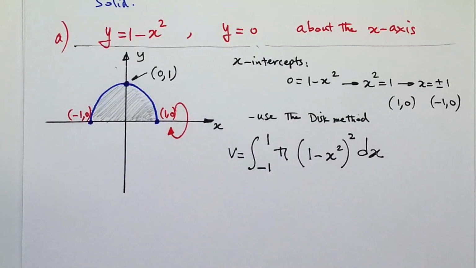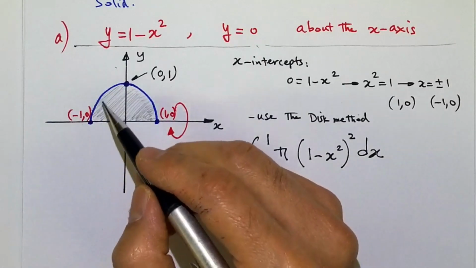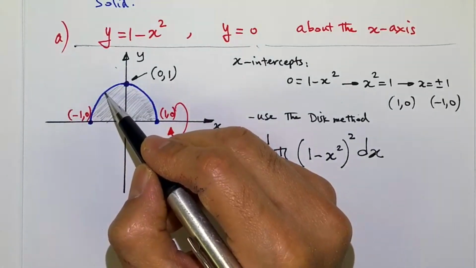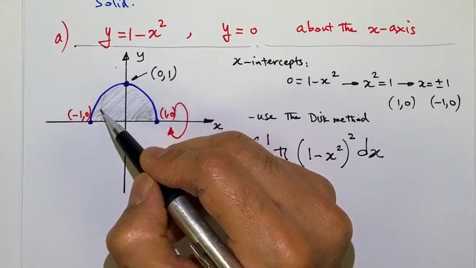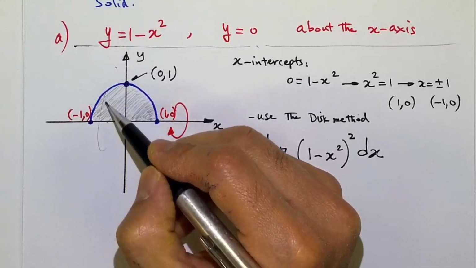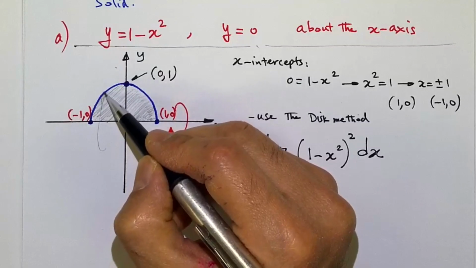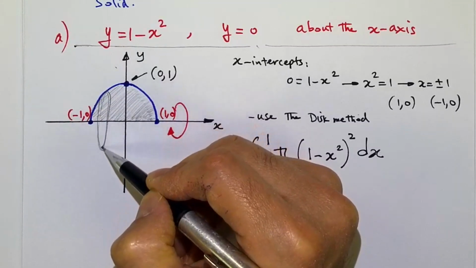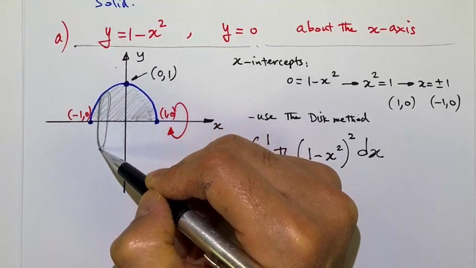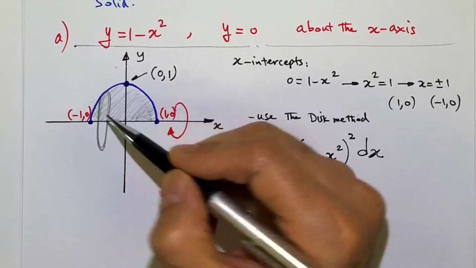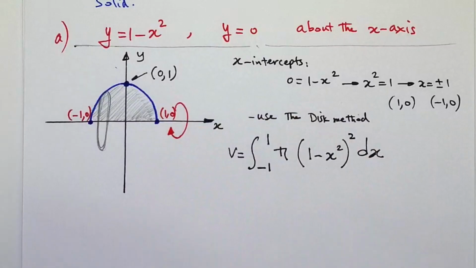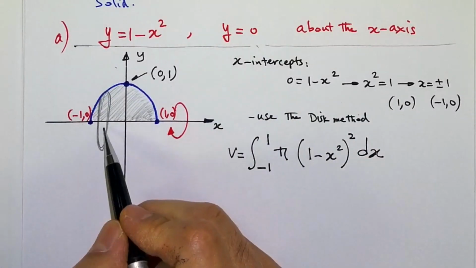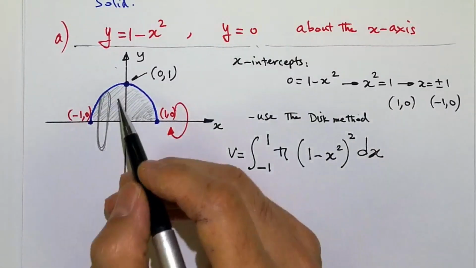So let me do one, I'll just do one right here. It will be something like that. See, I knew I'd be terrible at this. And then the thickness of this disk would be delta x.